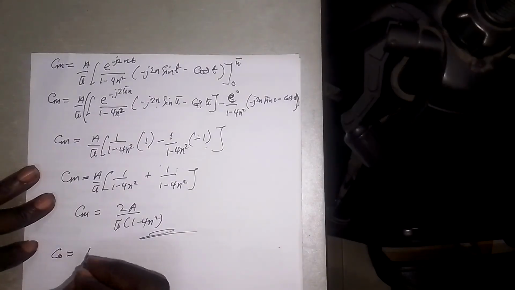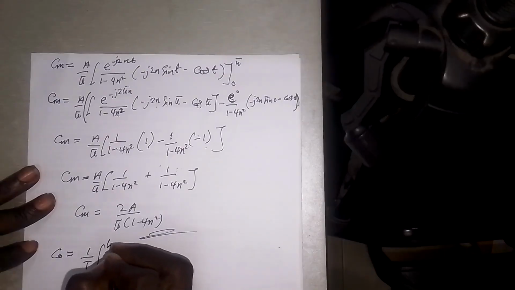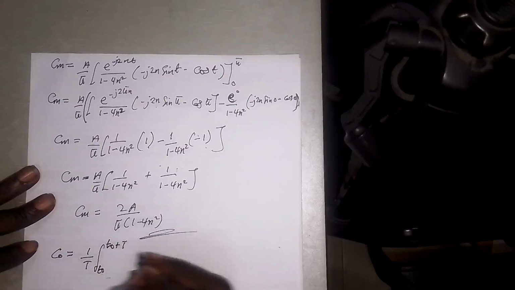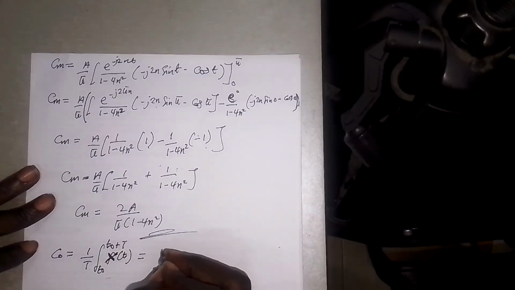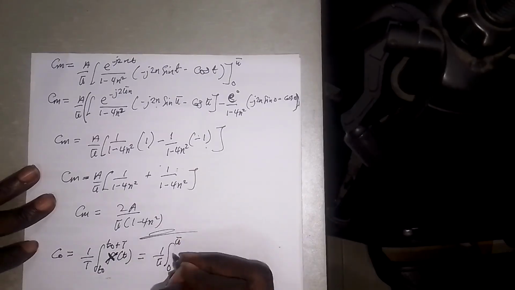Now you can go on and find your C naught also. So C naught is 1 over T into the integral from T naught to T naught plus T of x of t, which is equal to 1 over pi into the integral from 0 to pi of x of t dt.